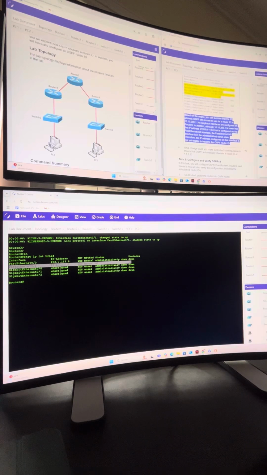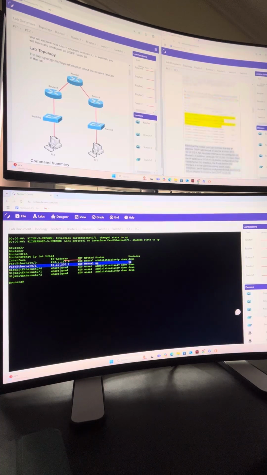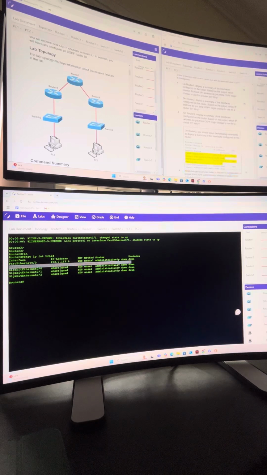Therefore, the IP address configured on that interface is not yet eligible to become the OSPF router ID. And that is exactly what I just explained. And Boson just confirmed that the FastEthernet 0/1, which has an IP address of 10.10.200.1, would be the one that OSPF would choose. Okay?